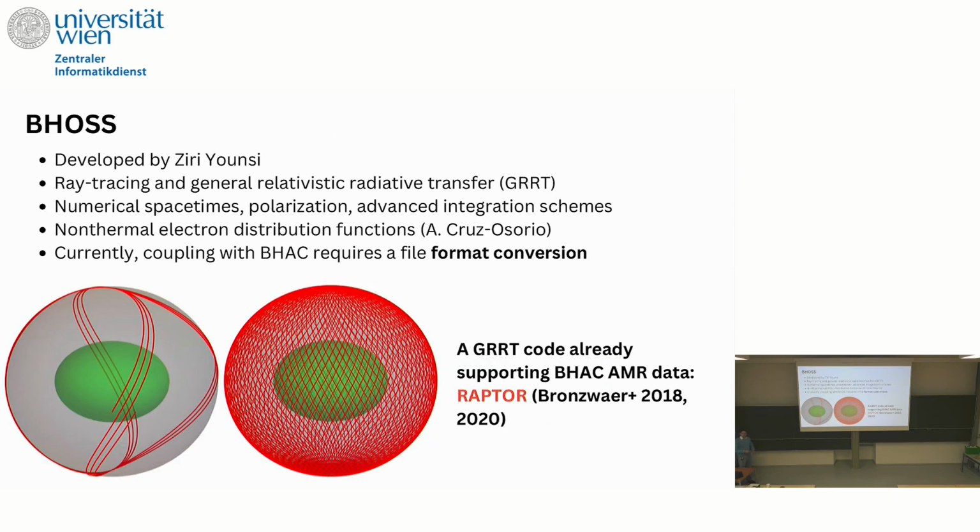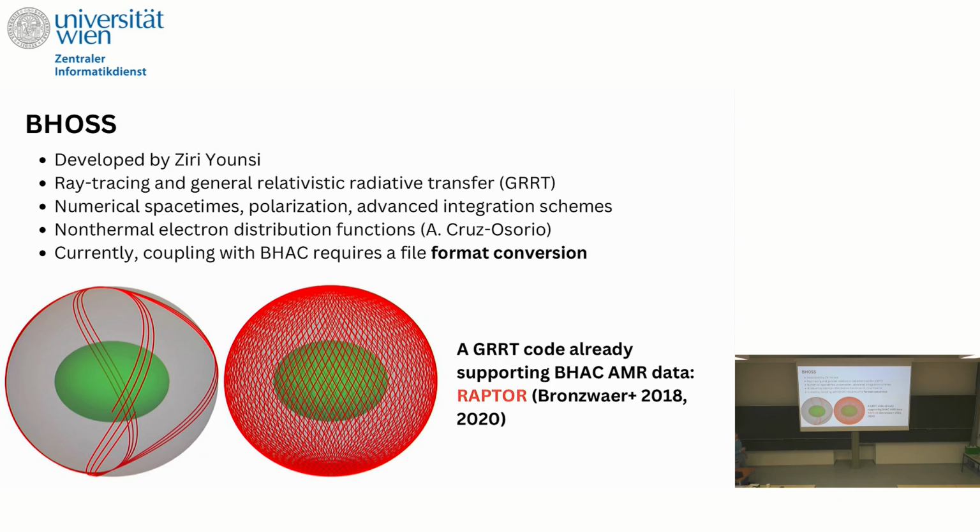Right. So then we come to the third block in our approach. This is the ray tracing code. I should mention that this is still not properly linked to what is before, because as I mentioned, this is still work in progress. But I can tell you a bit about the plans for interfacing and what is already done.